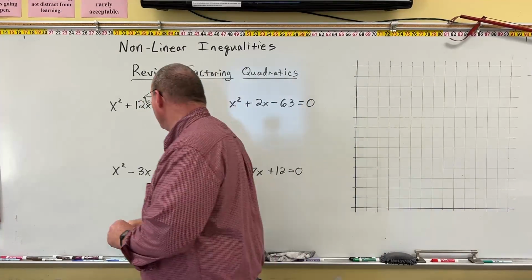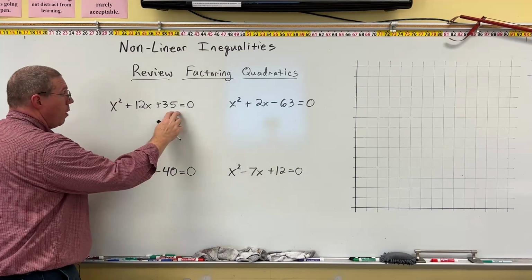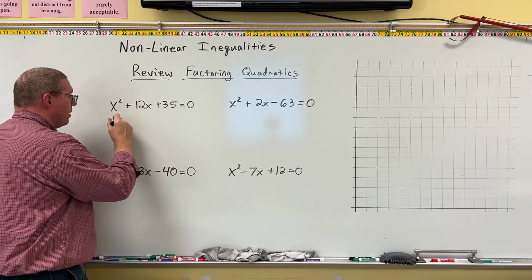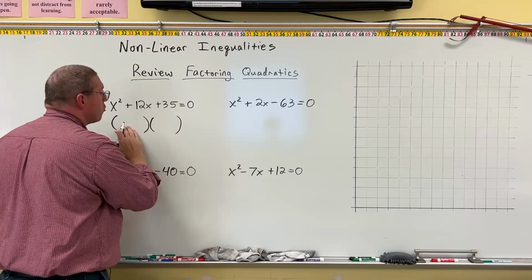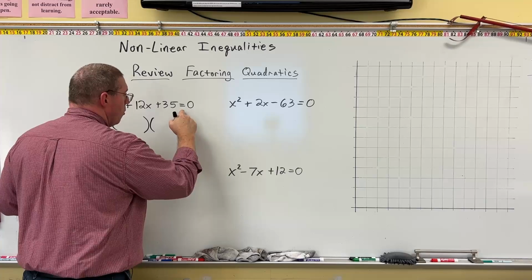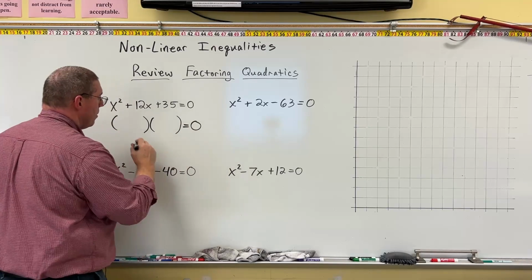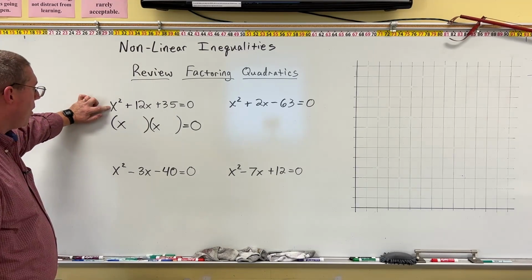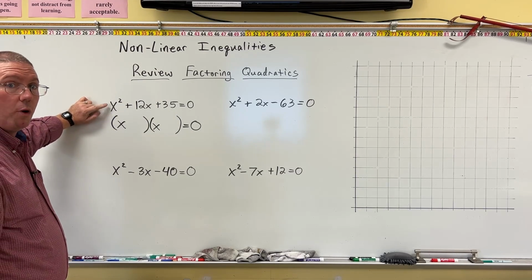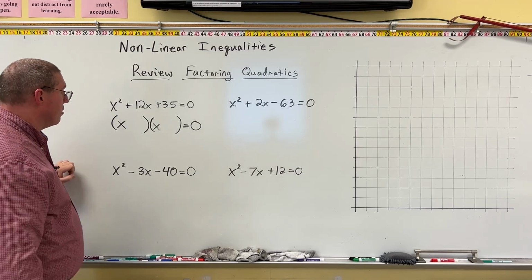The way you do it is you have your quadratic, and when you factor it, it winds up being two binomials in parentheses. We're going to bring down the equals 0. Each one is going to start with an x, and the way that I'm showing you right now, your x squared coefficient, a, has to be equal to positive 1.